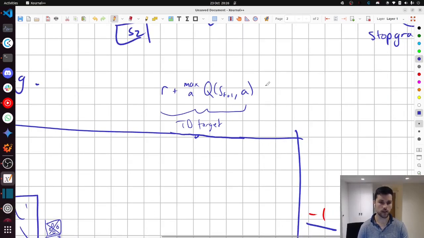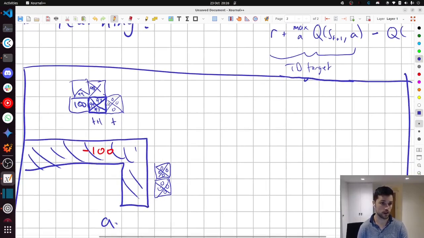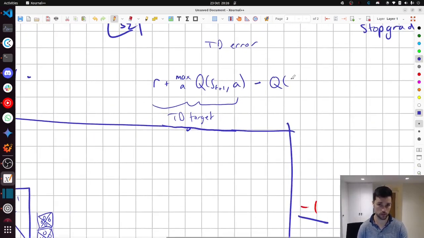Also, we can think about the TD error. If this is the target, then the error is this minus our current estimate of the value of this state, which is 0, but written down more generally, it's Q(S_t, A_t), right?